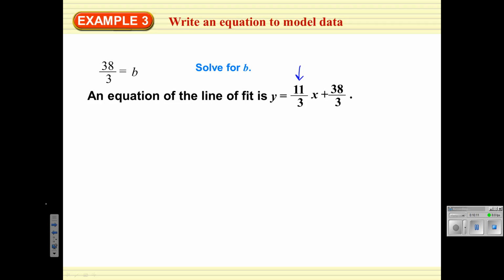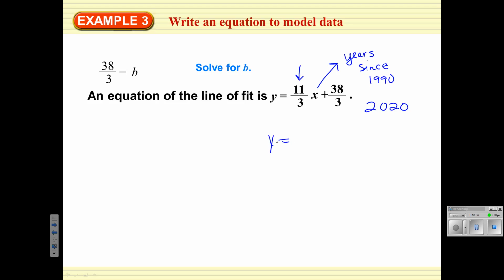Now, if we wanted to estimate how many clusters there would be in the year 2020, then we could say x is our years since 1990, correct? So if we were trying to look at 2020, that would be 30 years since 1990.